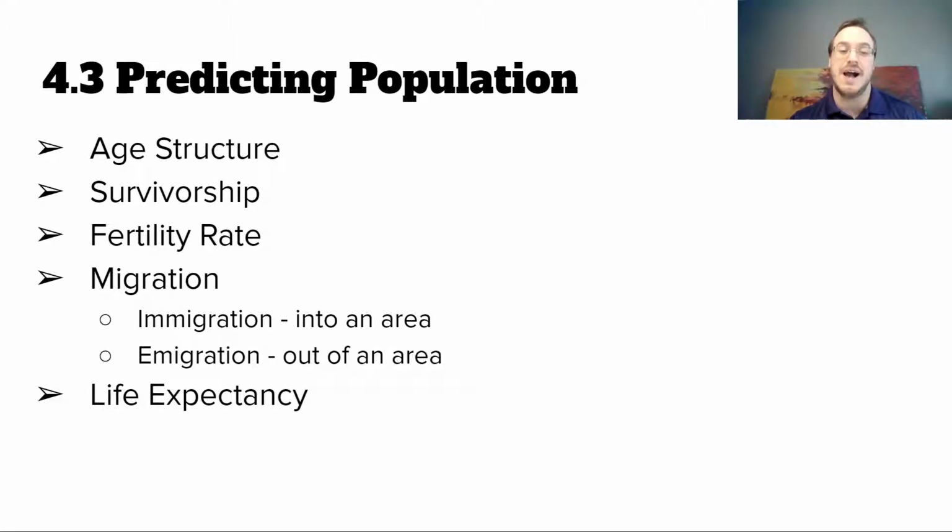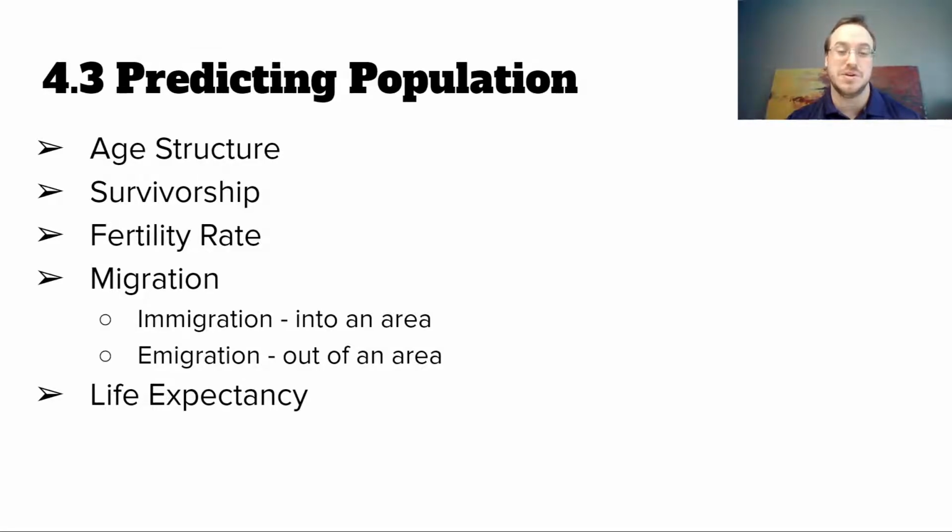They both start with I. Emigration with an E is like exit, leaving, right? That's the only way to break that down. And when I use those words, I'm going to try to either have them written or I'm going to say immigration with an I or emigration with an E, or hopefully you can at least get it from the context of the sentence.